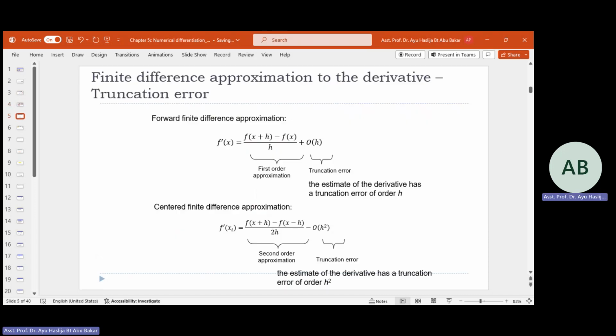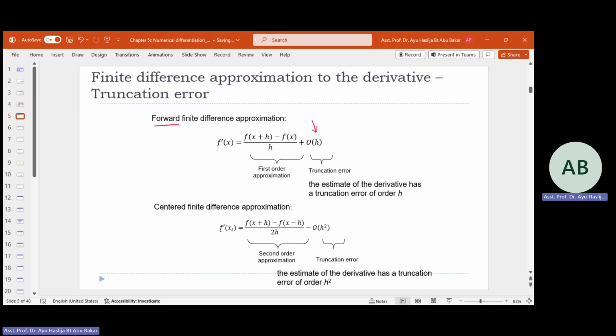Now, last time we came across this term, O(h), right? That brings the definition of the truncation error with order h. So truncation error with order h usually involves forward and backward.